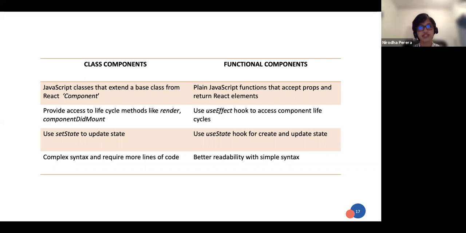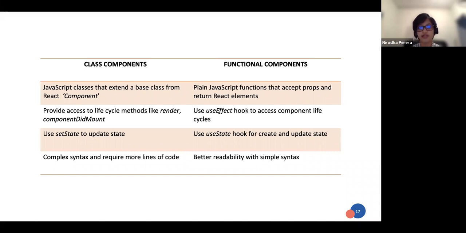So what are functional components? Functional components are plain JavaScript functions that accept props and return a UI element. Previously, until React Native version 0.59 was released, we were not able to manage any state values in a functional component.